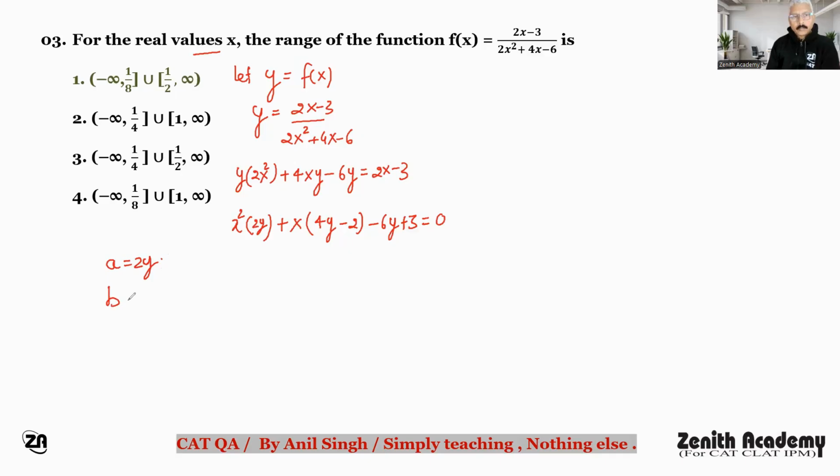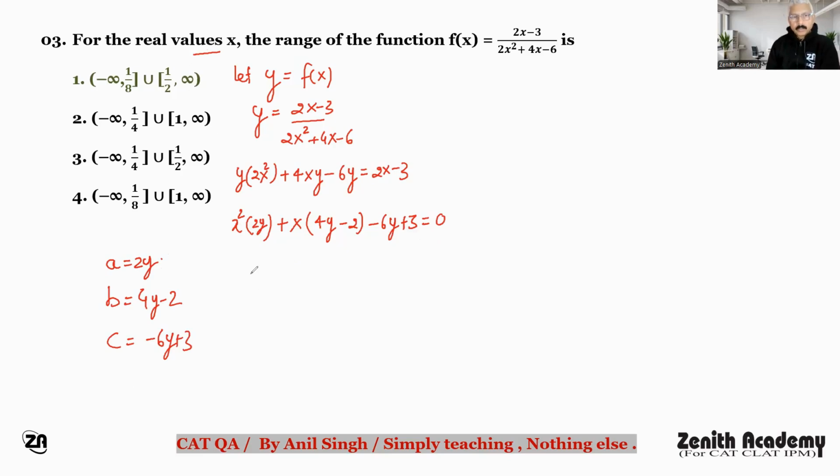If I compare this equation with ax square plus bx plus c, then a is 2y, the coefficient of x square, and the coefficient of x is b, which is 4y minus 2, and the constant c is minus 6y plus 3.